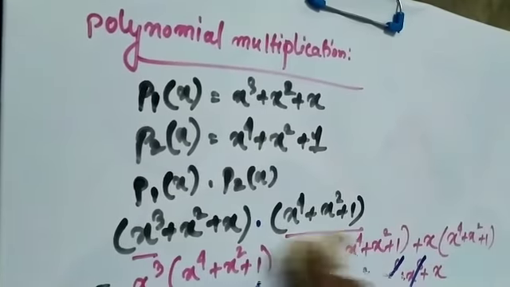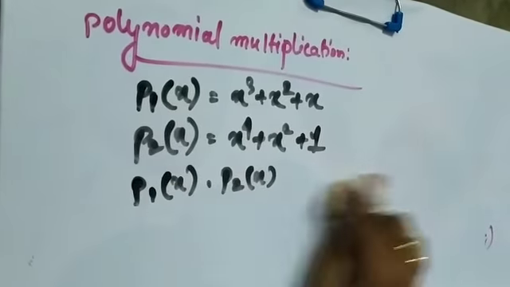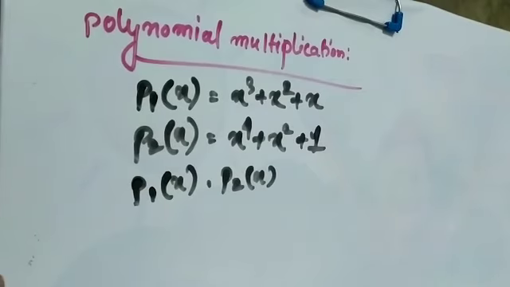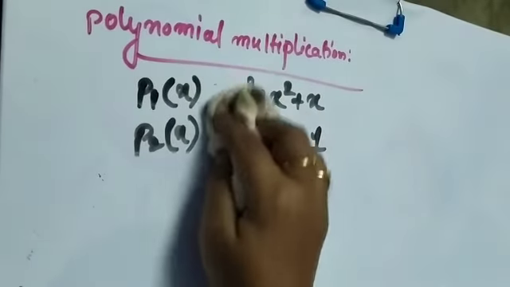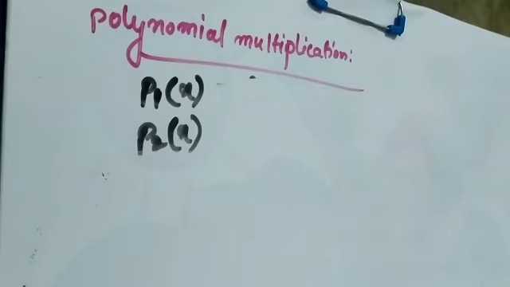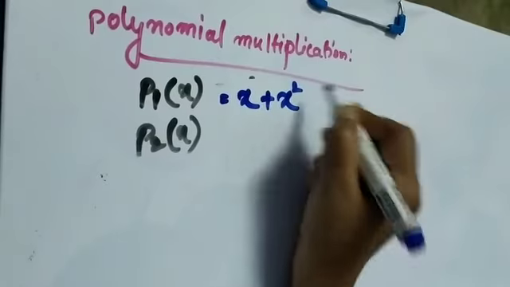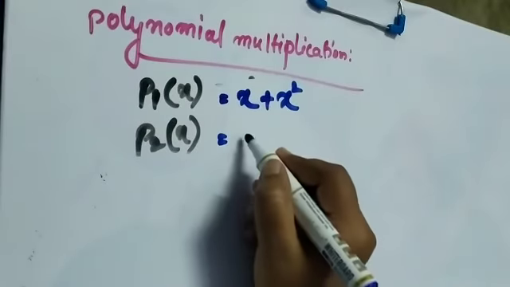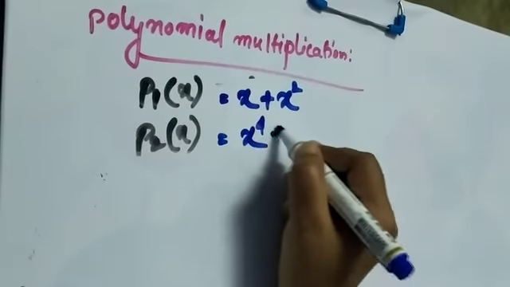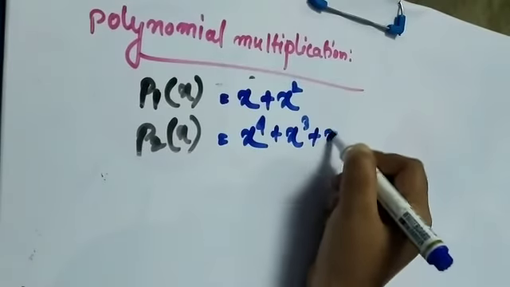Let's see another example. Suppose one polynomial is x square. Another polynomial is x to the power 4 plus x cube plus x plus 1.